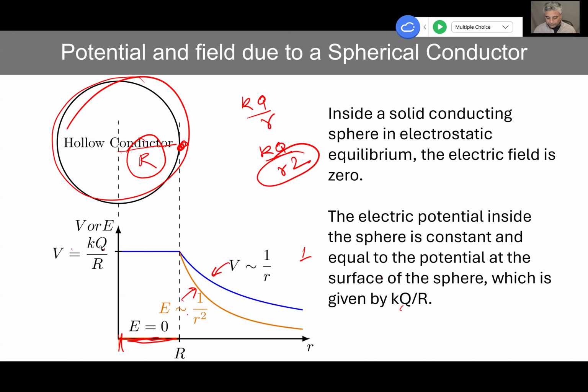So field inside a conductor is zero, but potential is constant. Outside, field goes like 1 over distance square, and potential goes just 1 over distance, not 1 over distance square.